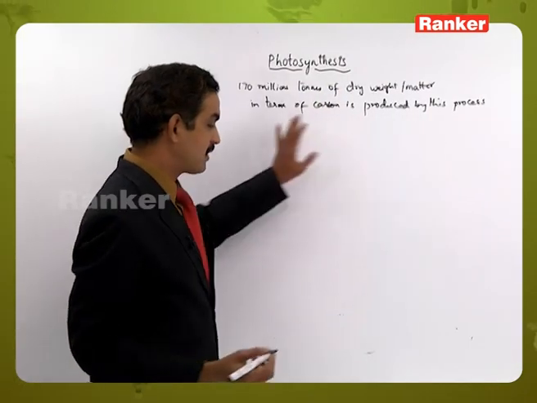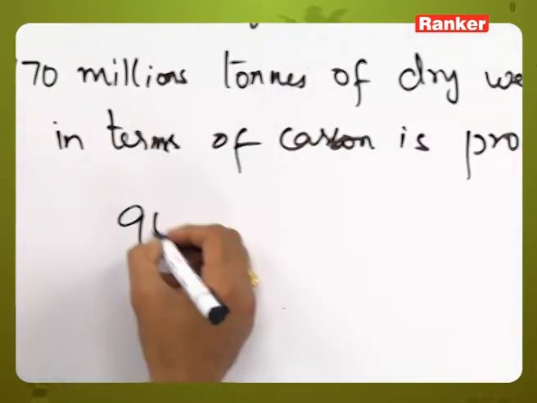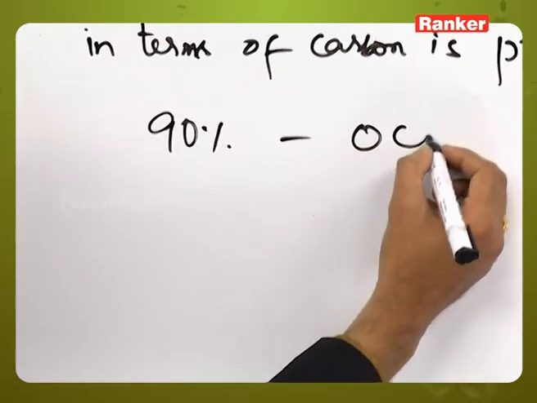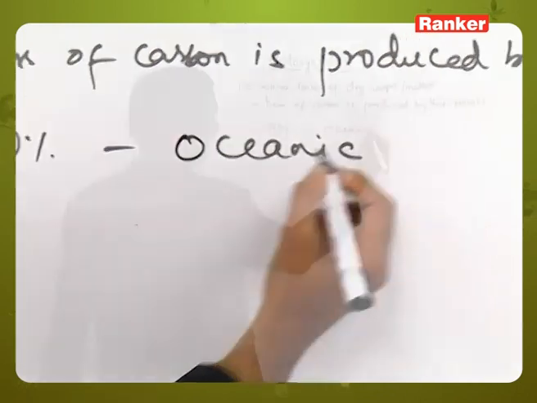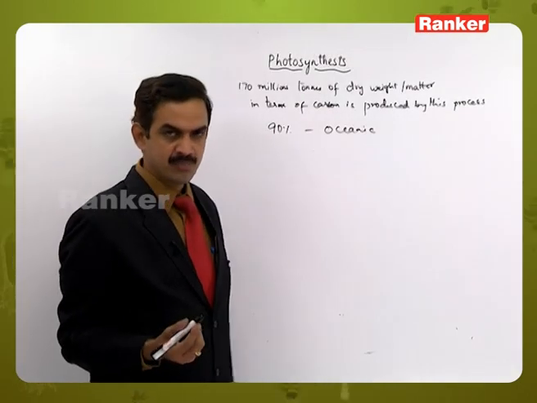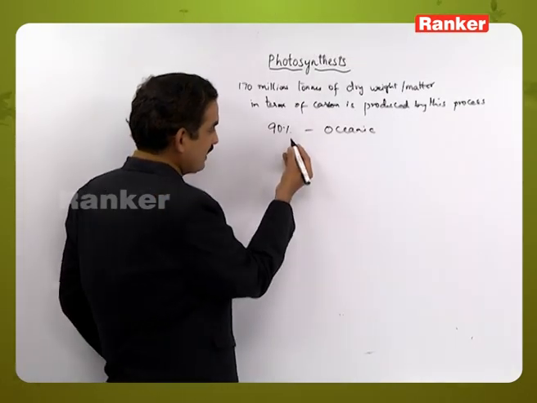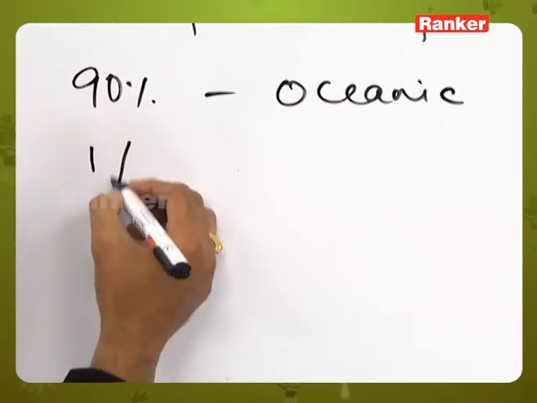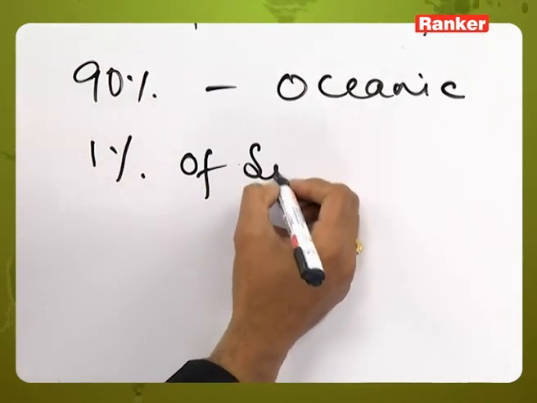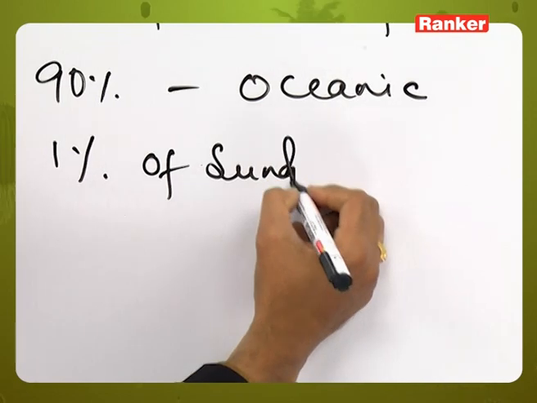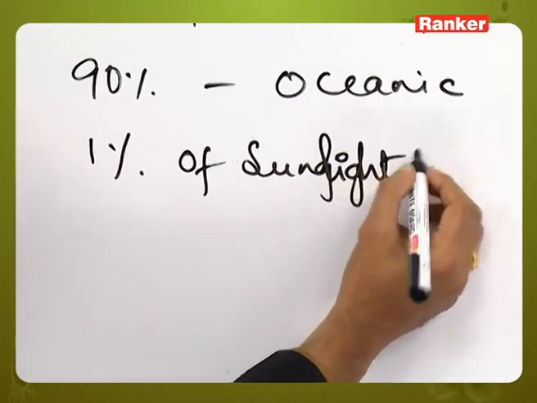Out of this, 90% of the process is done by the oceanic green living organisms. Whatever sunlight is available, they utilize only 1% of the sunlight for performing all this function.